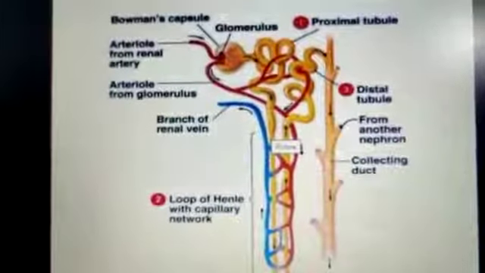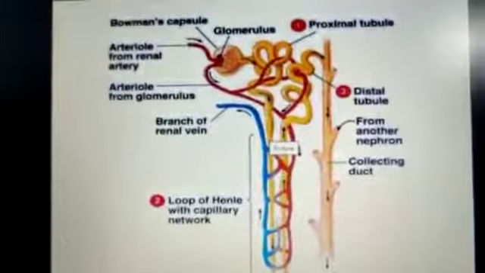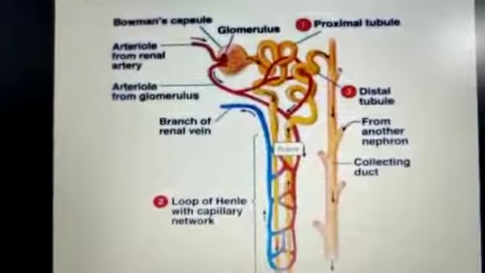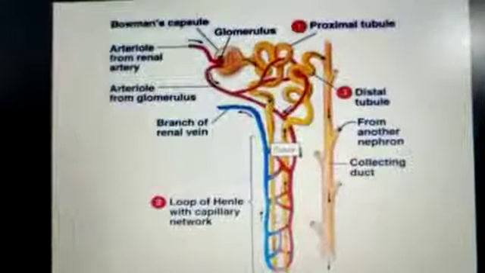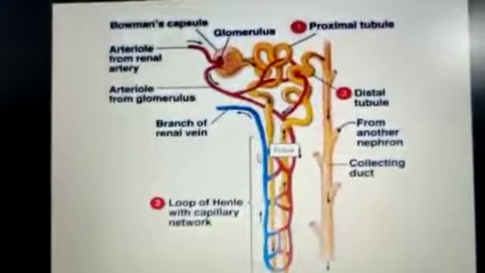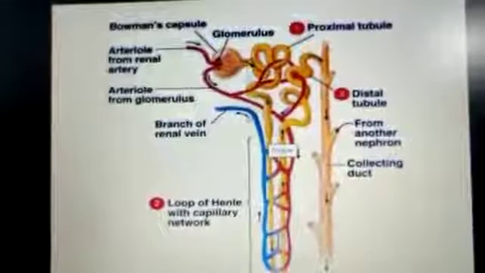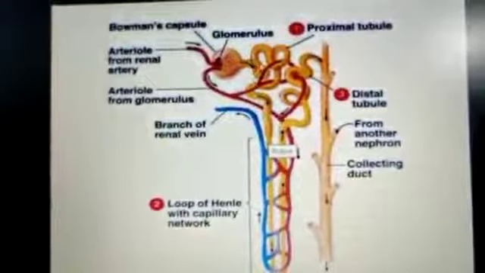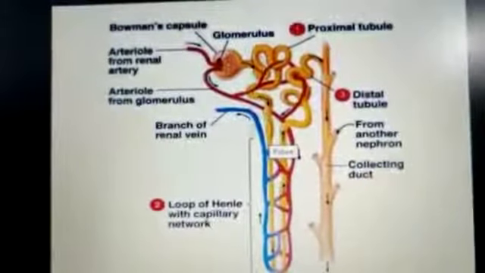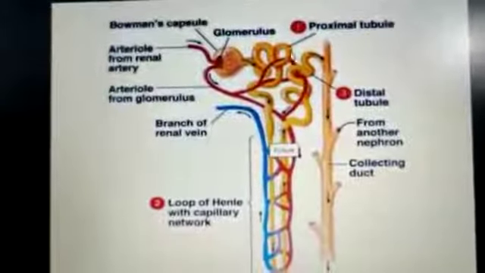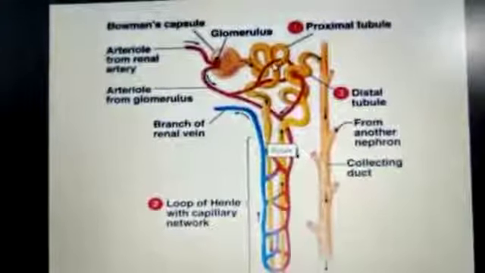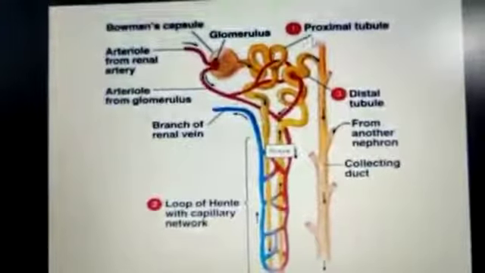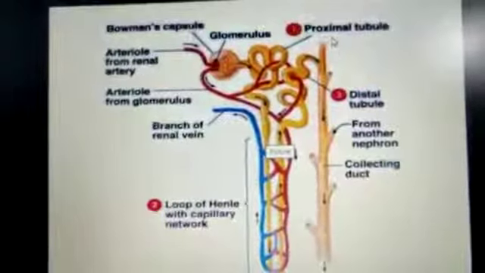Now this Henle's loop does not help in absorption of nutrients, it only helps in absorption of water and extra salt. Major absorption of the nutrients takes place in the PCT, the first convoluted tube, the proximal convoluted tube. Here it is written proximal tubule. Being curved, that's why it is termed proximal convoluted tube.